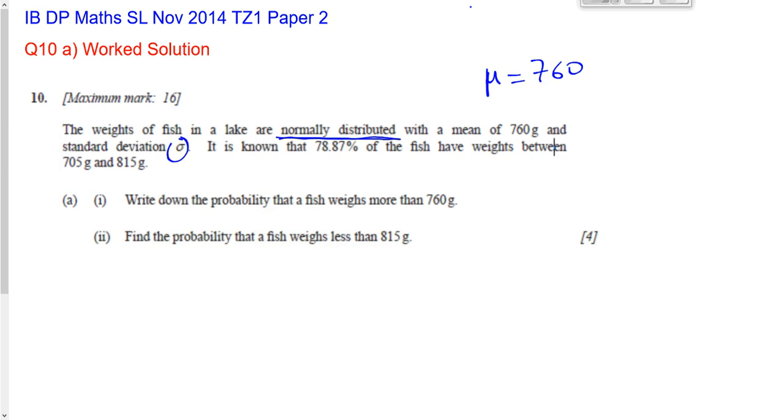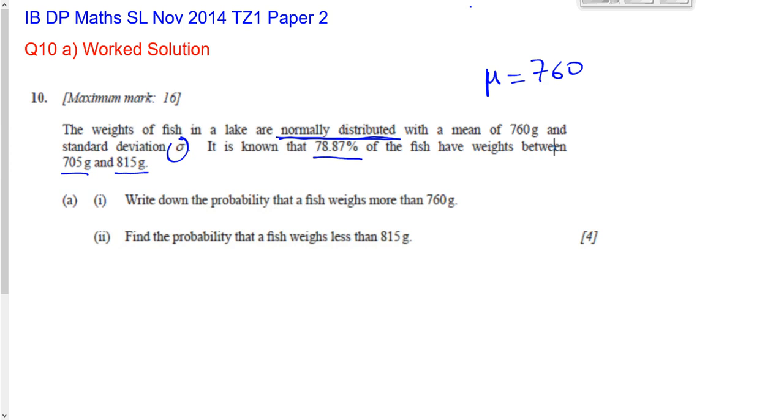So we've got an unknown standard deviation. What we do know is that 78.87% of the fish have weights between 705 grams and 815 grams. The first part is write down the probability that a fish weighs more than 760 grams.